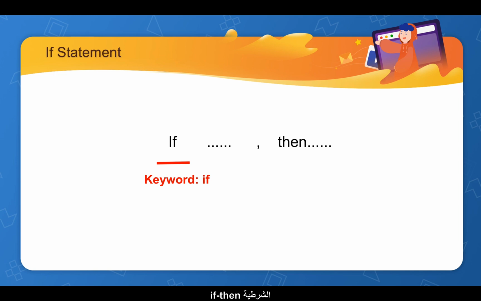So we use the if-then structure to describe the judgment in our daily life. And we implement an if statement to describe the branch structure. The keyword, with no doubt, is if. And the condition follows the keyword if.